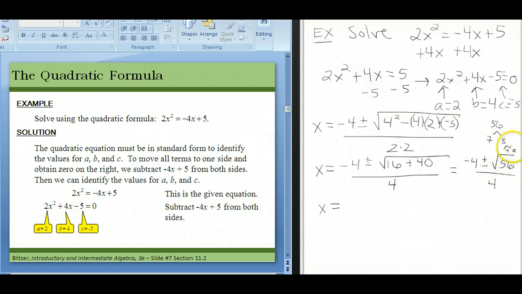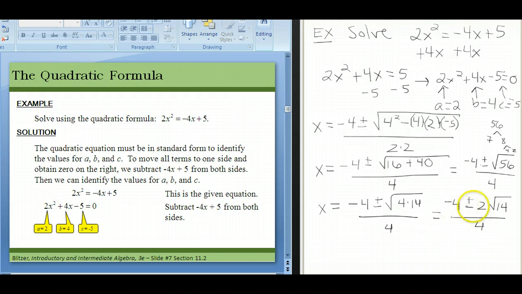So 4 times 14 is 56. So this is negative 4 plus or minus square root of 4 times 14 all over 4. And so this is negative 4 plus or minus, the 4 comes out as a 2 square root of 14 all over 4.